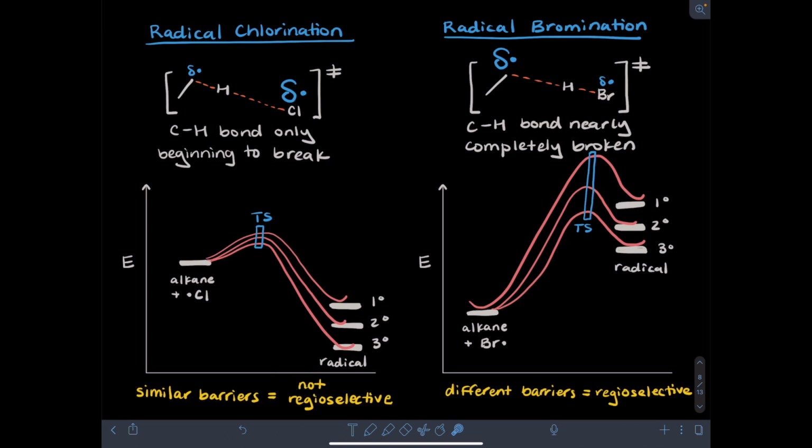We have a very different scenario in the case of radical bromination, where we have really different barriers that reflect the stability of the carbon radical present at the transition state, and this leads the reaction to be regioselective. You preferentially go by the lowest energy barrier possible to form the most stable carbon radical intermediate possible.